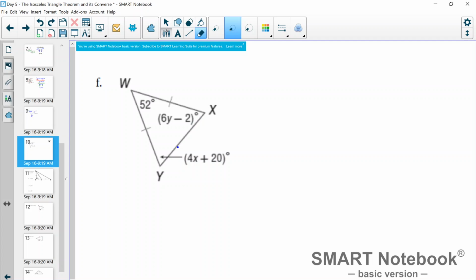So we know that 4x plus 20 equals 6y minus 2, and all we have to do instead is replace 4x plus 20 with 6y minus 2. Add these up. 52, 6y minus 2, 6y minus 2, and I'm going to get 180 degrees.